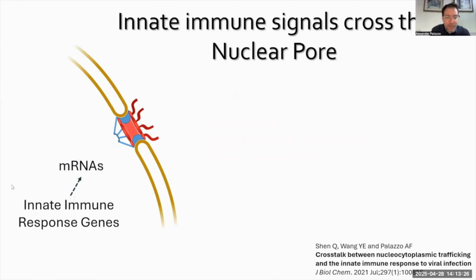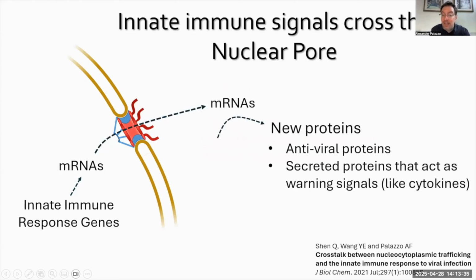Once those genes are activated, information in the genes is copied into mRNA molecules, and those mRNA molecules then have to exit again through the nuclear pore so that they are used in protein synthesis.